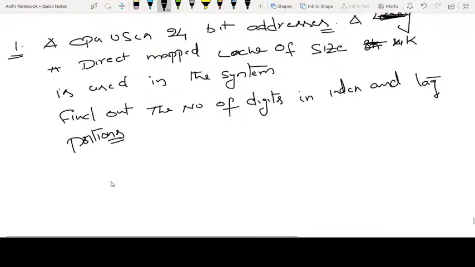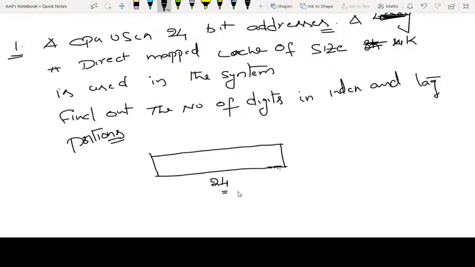Now we will go with the same procedure. We will have to draw a 24-bit address here.